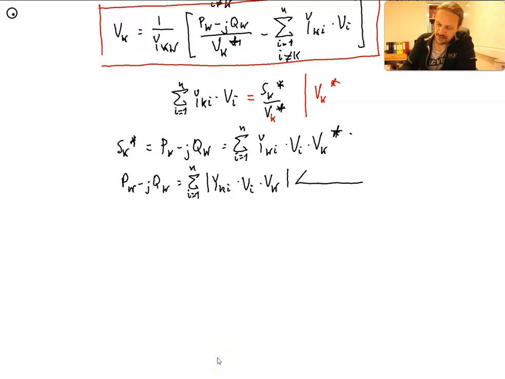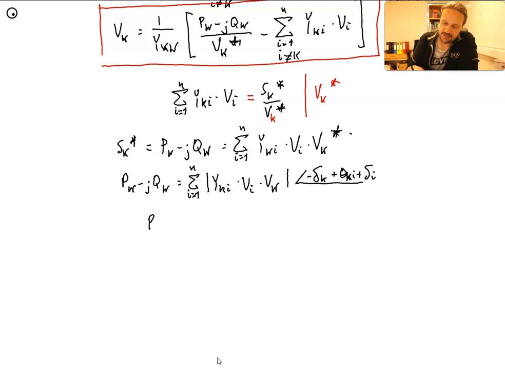So that's minus delta K plus theta KI plus delta I. So that's the theta that goes with all of these impedances and their angles, right? So that's theta KI.